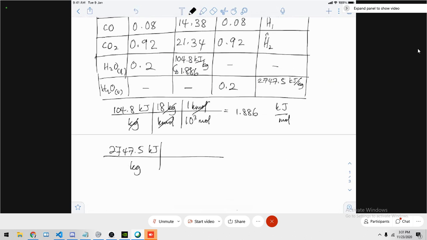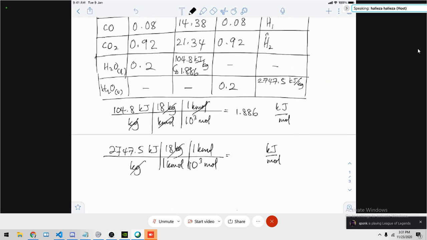Same thing, 18 kilogram, 1 kilomole, 1 kilomole, 1000 mole. So, what is that in kilojoules per mole? Cancel your unit. Okay. What's the answer? Anybody give me a value?